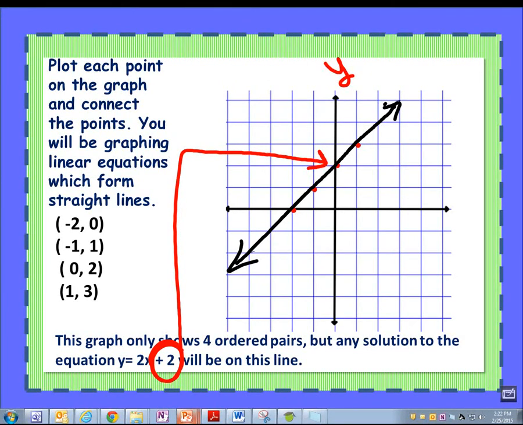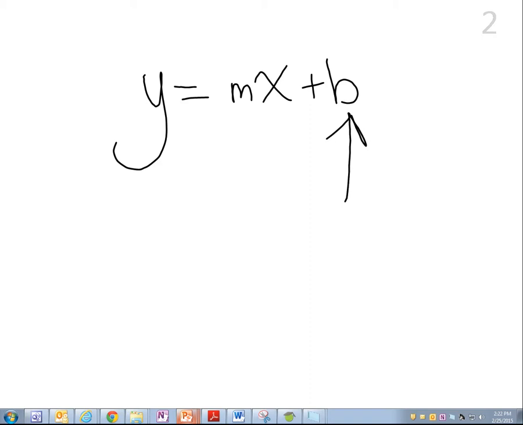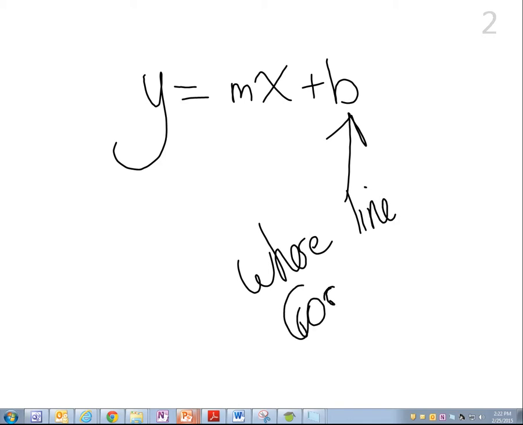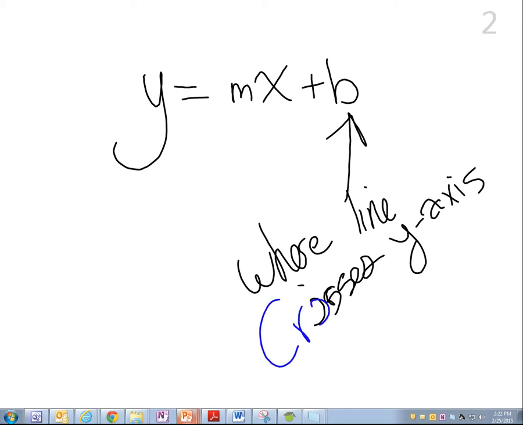So when you're working on your homework, whenever you have y equals mx plus b, whatever this constant is, that's where the line crosses the y-axis. So that's one way you can check it. This is where it's going to cross the y-axis. If that's minus whatever, it's going to cross below. That's just one way you can check your answer.